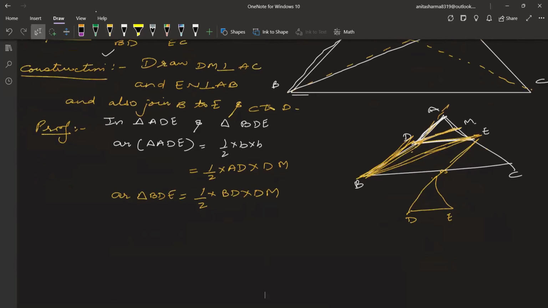So now, because we want these in a ratio, divide equation 1 by 2.